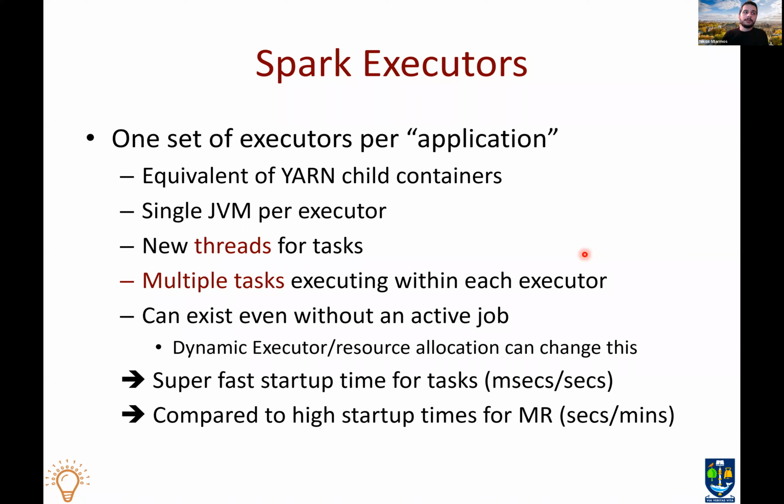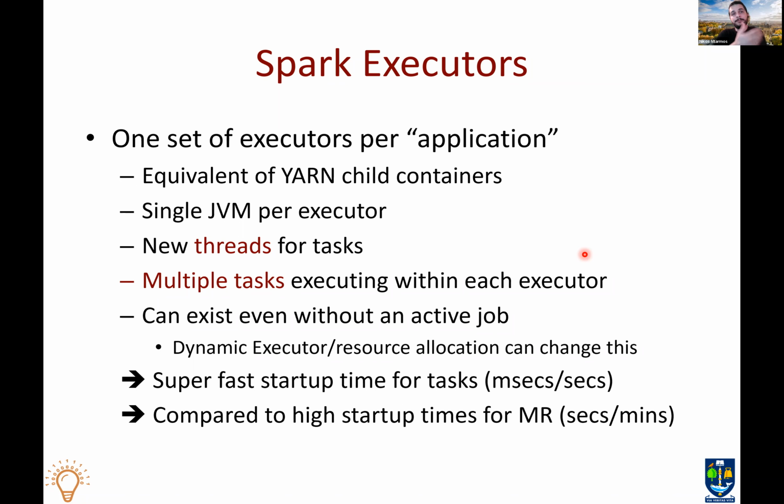So this is the default, but there is also another mode in Spark called dynamic executor or dynamic resource allocation, which I think is the default these days. Don't quote me on that. I need to double check what the configuration is on our cluster, because that's configured by the administrator. But what happens in this case is that Spark decides on a number of executors at first and spawns that many containers and that many executors.